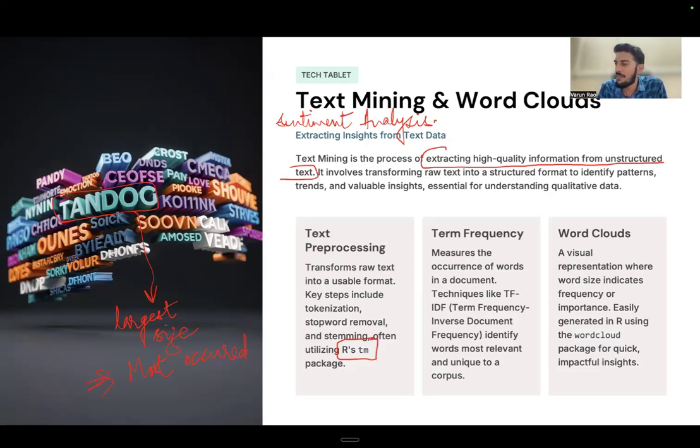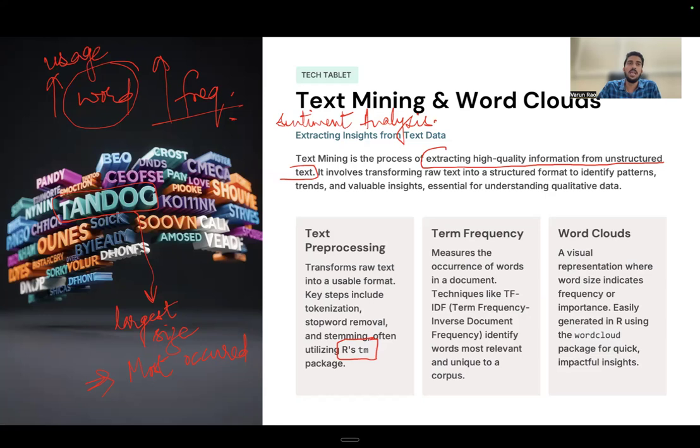Here, it is just a visual representation where the larger the word, the greater the frequency of the word in your current document. When I say larger the word, I mean usage. If the usage of one specific word is large, then it is very obvious that the frequency is large, which means that word would be represented in a very large size for very simple understanding.